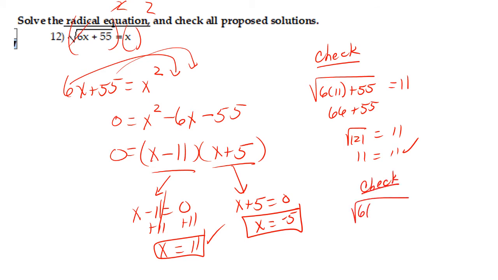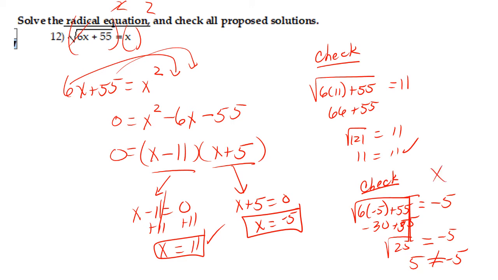So I will substitute the negative 5 into the equation. That will give me negative 30 plus 55, which is the square root of 25. And 5 is not equal to negative 5, so that does not check. Negative 5 is not a solution.